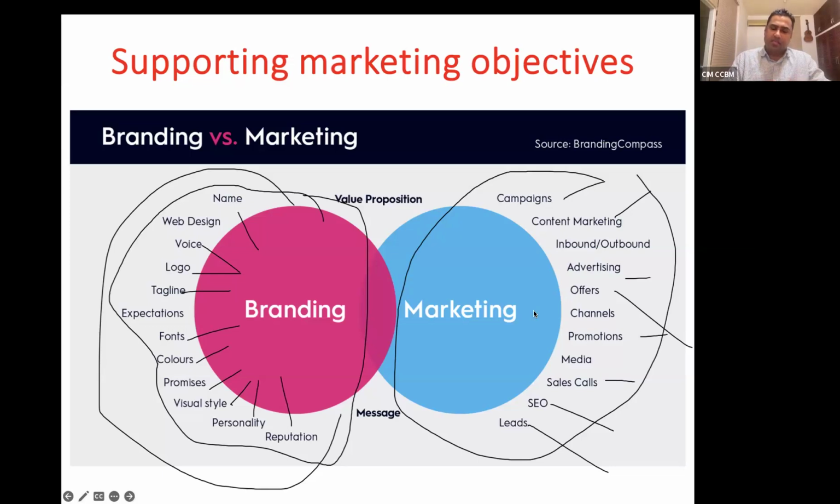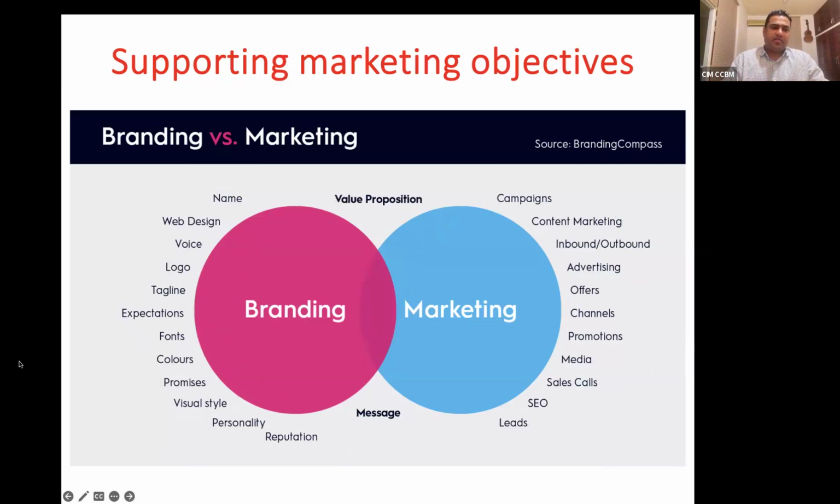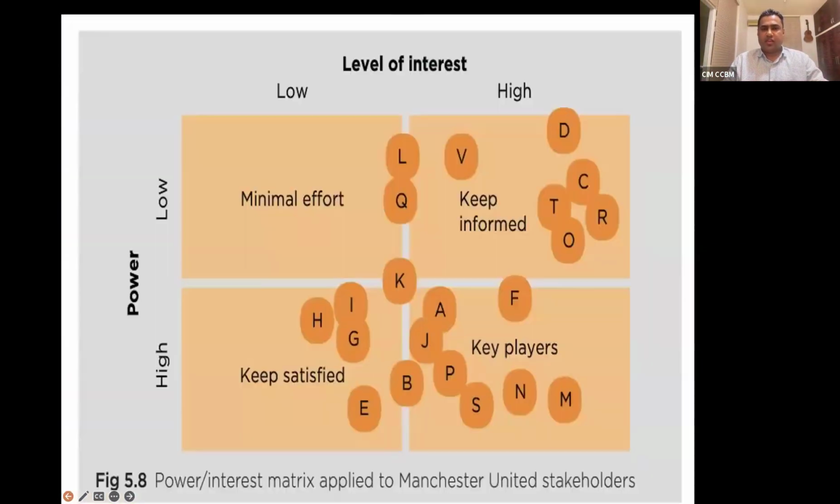Branding, there can be many brands put together, will form the marketing plan. Okay. So there is a connect between brand management and marketing management. Brand objectives will help achieve marketing objectives.